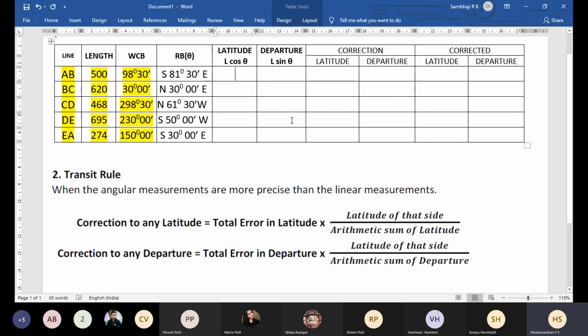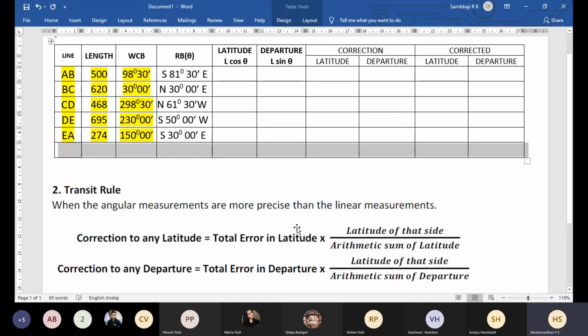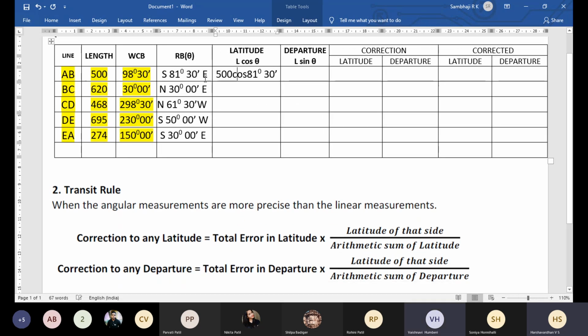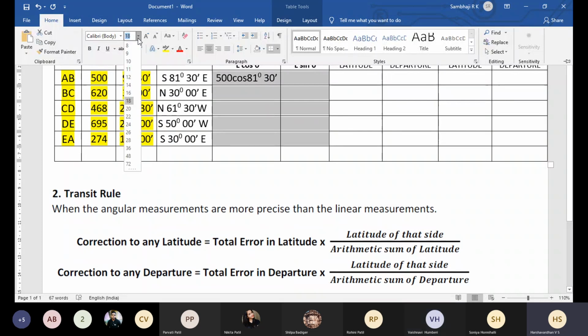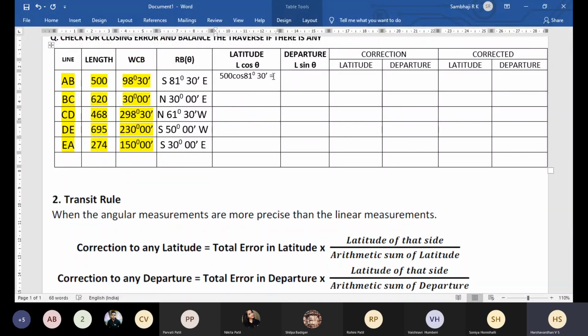Next, I have to calculate latitude. First, for line AB, L cos theta, that is 500 cos of 81 degrees 30 minutes, which is 73.904.